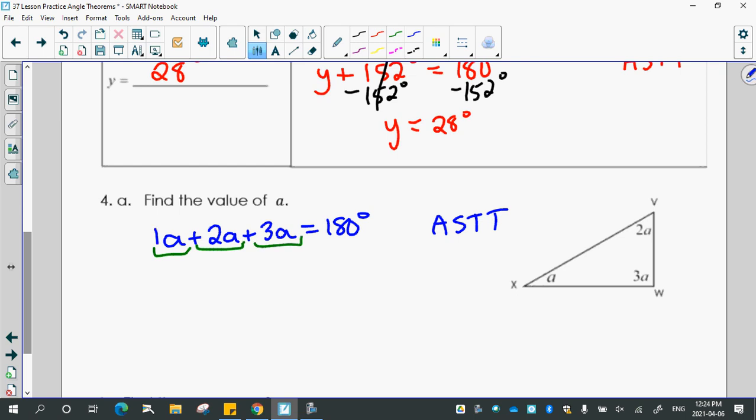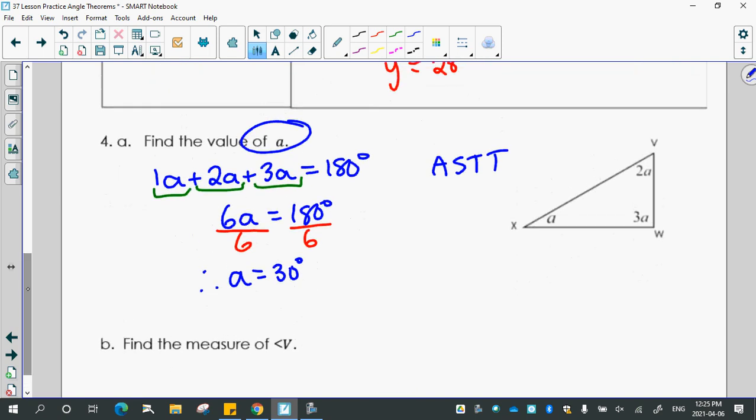Remember, there's a 1 in front of that one. So there's 6 A's. So A ends up to be 30 degrees. And that's all we asked you for. And then part B though asks you for something different.